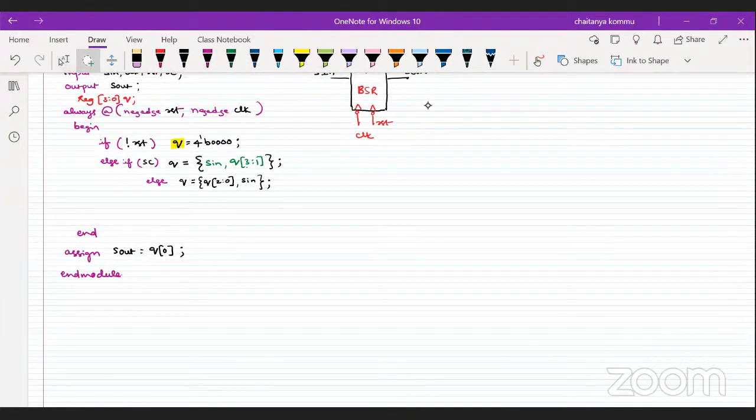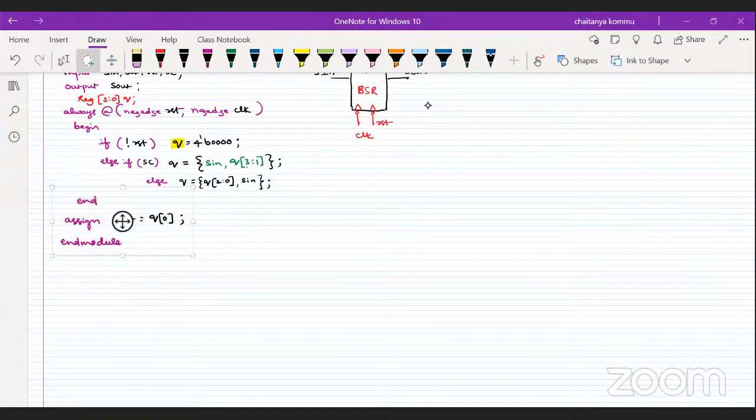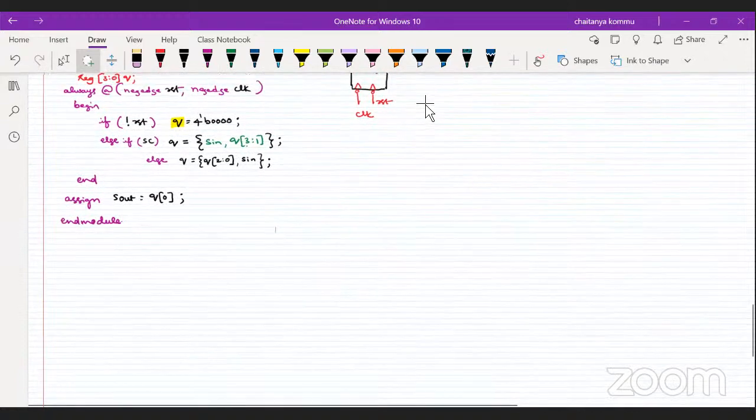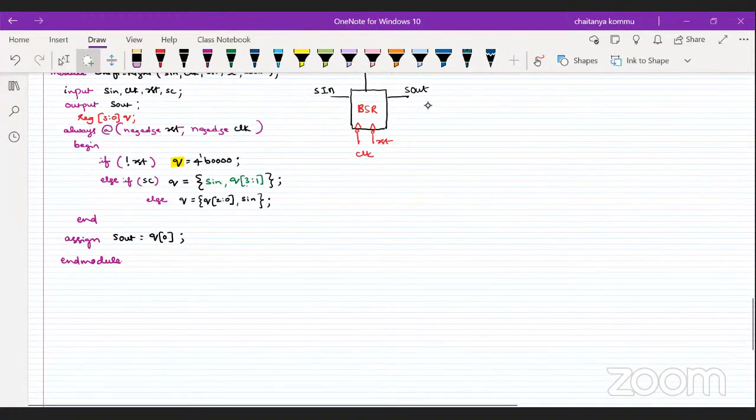So this is the begin and so on. One point we have to remember: S out will actually be Q of 0, and this Q of 0 is meant for the right shift operation. What about the left shift operation then? What do we have to do for the left shift operation?